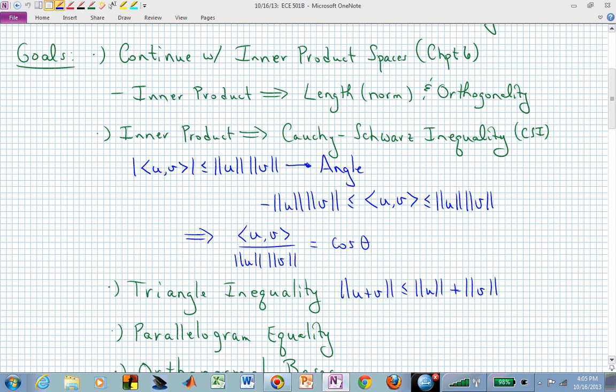And you might not have vectors that are tall, thin things. They may be polynomials that are vectors. And you can now talk about the angle between those vectors.